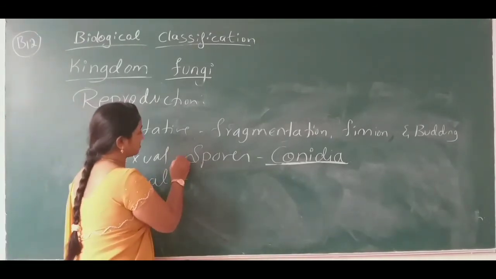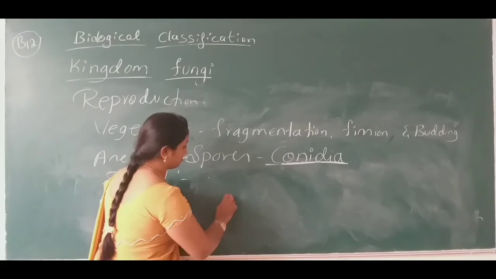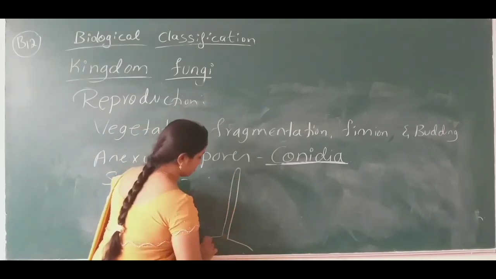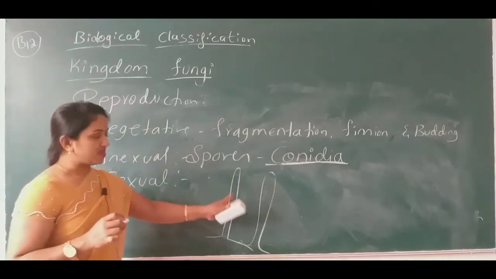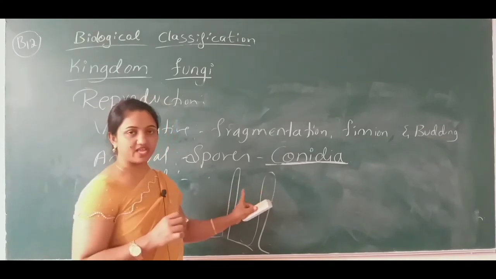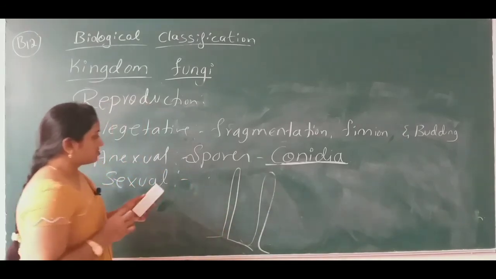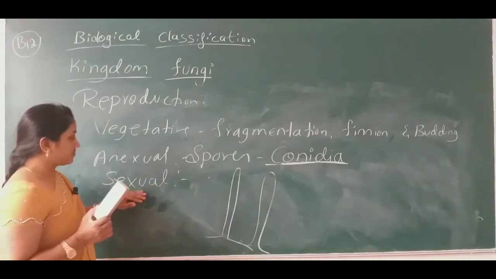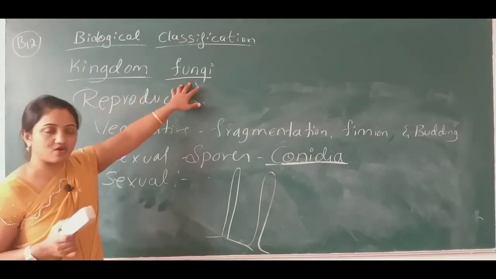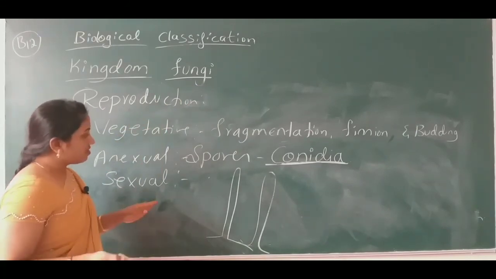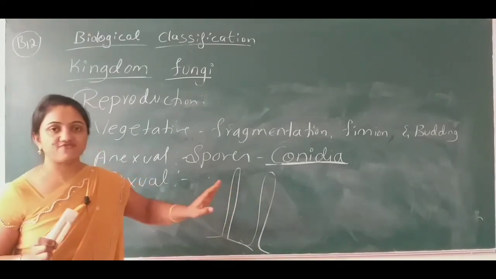In the sexual mode of reproduction, let me tell you from the beginning. Consider here one hyphae is there, one more hyphae is there. Maybe fusion of protoplasm takes place, maybe fusion of nuclei is going to take place. My concept is we are studying the reproduction of kingdom fungi, and fungi also reproduce by means of sexual reproduction. How do they get in contact with one another?